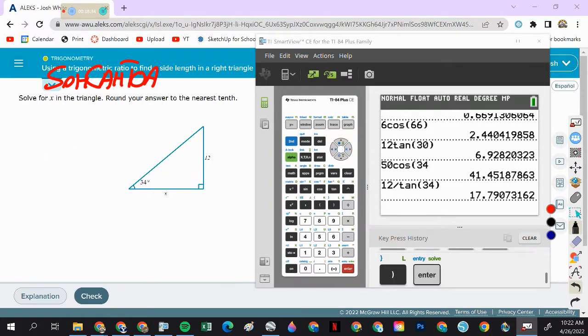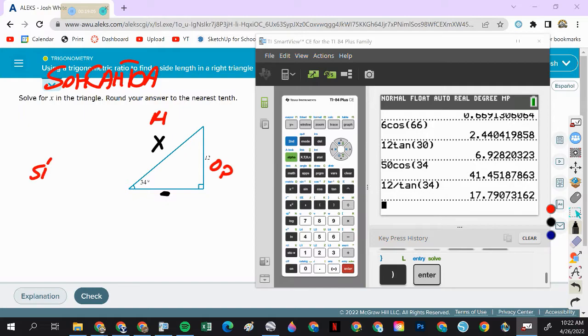Okay. What if I had this? Which trig ratio would I choose? Well, this is opposite, and this is adjacent. No, it's not. That's the hypotenuse. Which trig ratio uses O and H? Sine.